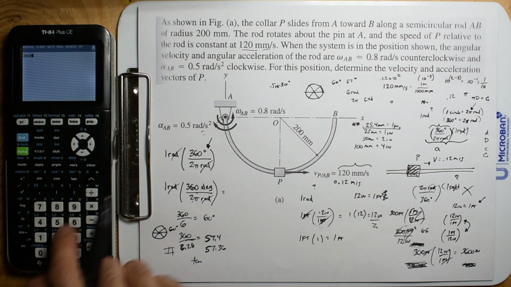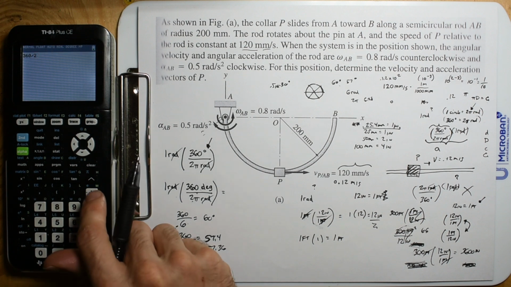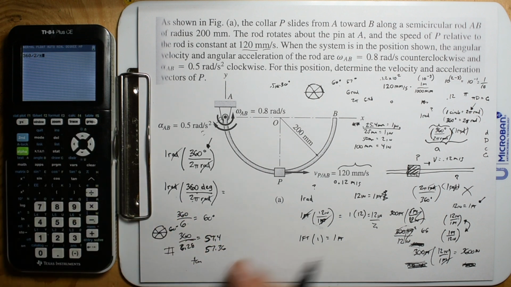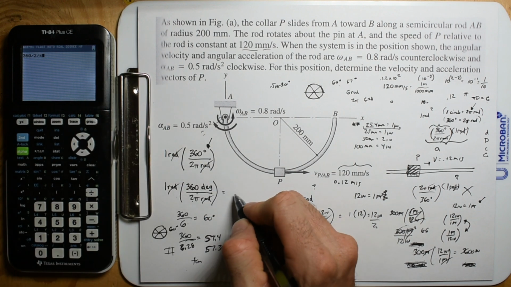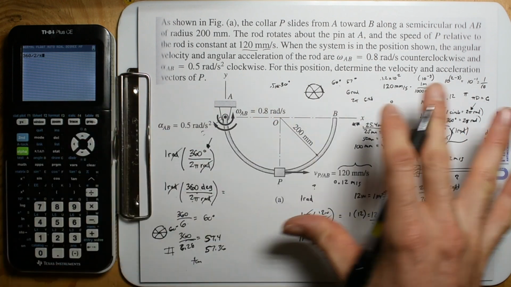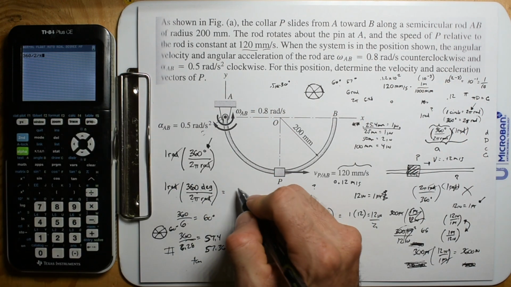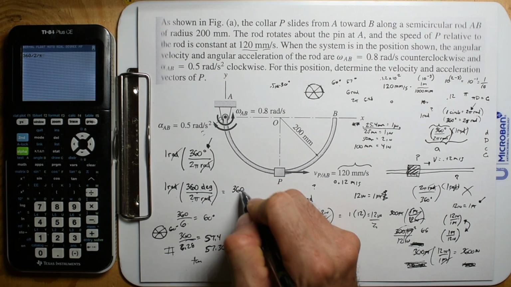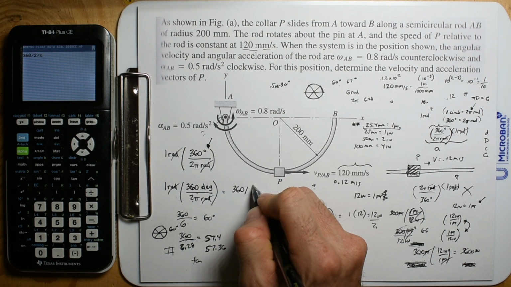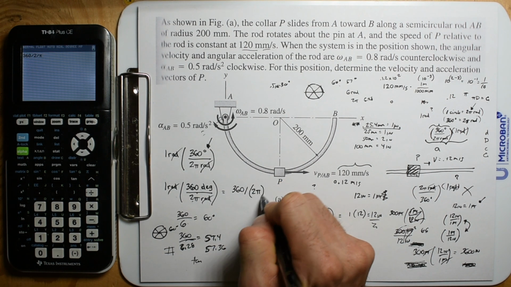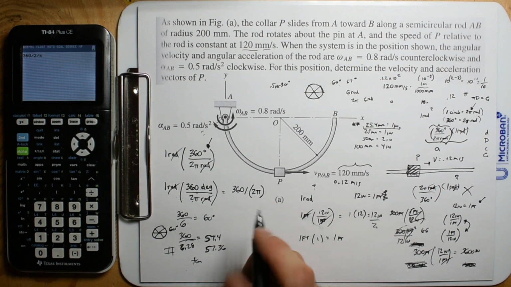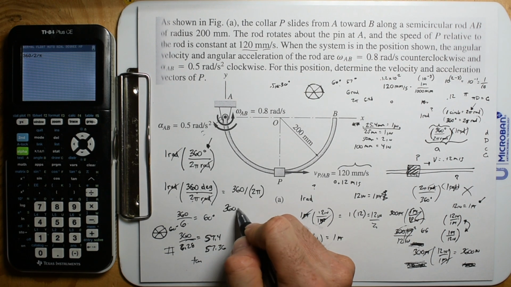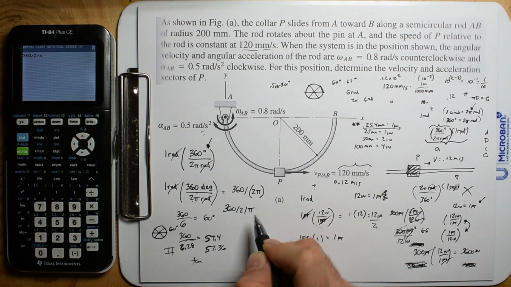So we got 360 divided by 2 divided by pi. This is also a good skill, especially when using your calculator. You would have to do 360 divided by parentheses 2 pi and then end parentheses. Or in your calculator, you just do 360 divided by 2 divided by pi.